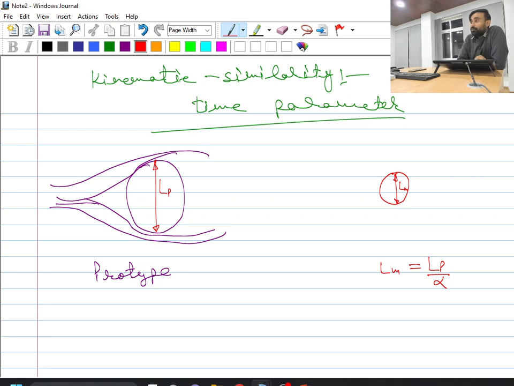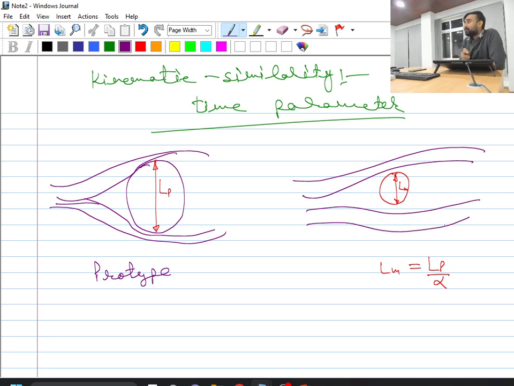Now what I am saying over here is that I have the flow of inviscid fluid. When I am talking about the inviscid fluid, for this type of flow situation, which is the relevant dimensionless parameter?